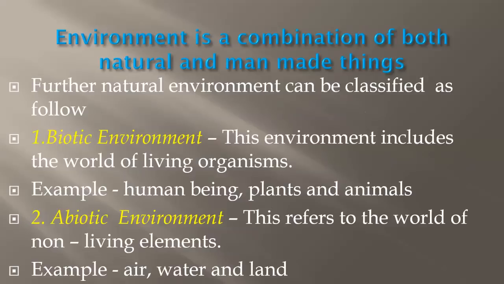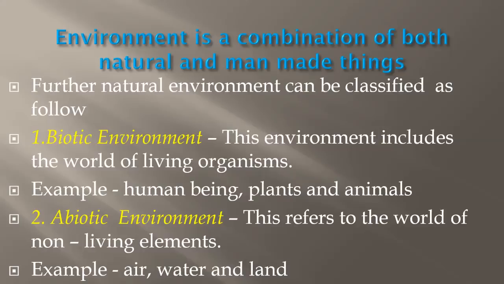Students, environment is a combination of both natural and man-made things. Further, this natural environment can be classified as biotic and abiotic. Biotic environment includes the world of living organisms. Examples: human beings, plants, and animals.